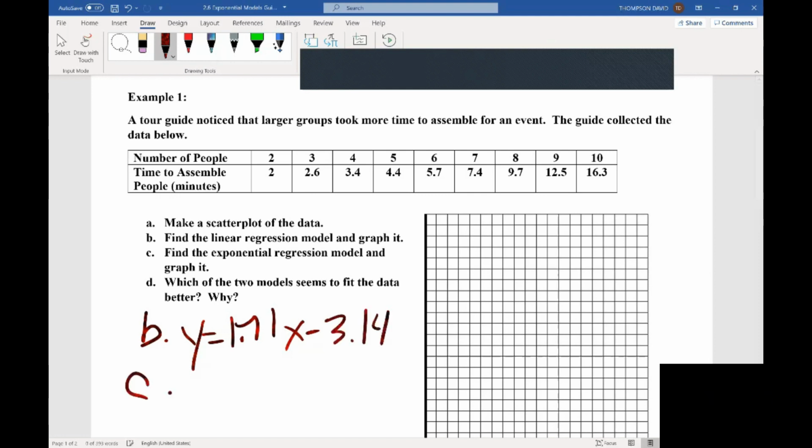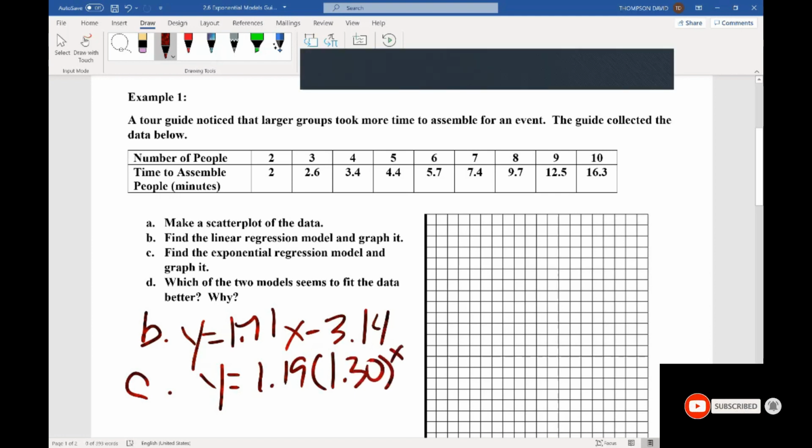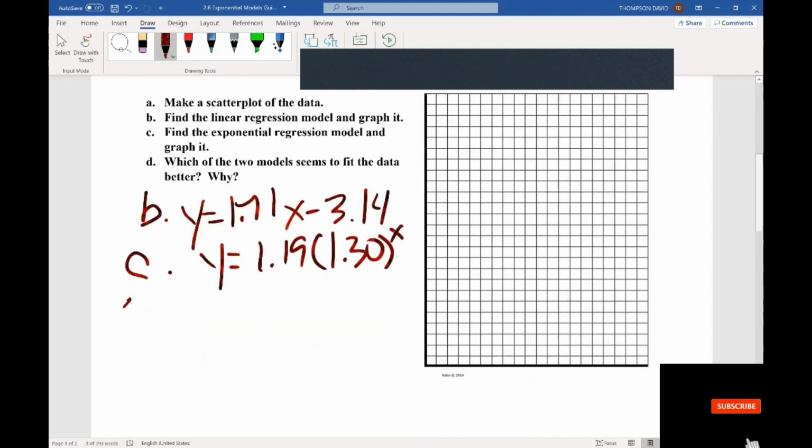For C, the exponential model is y equals 1.19 times (1.30) to the x, and the stronger model is the exponential. The exponential model is better.